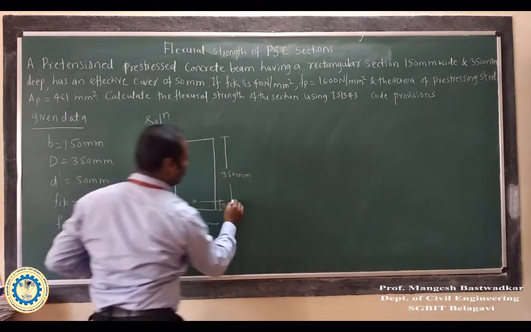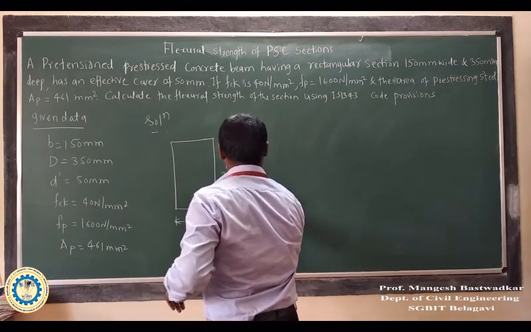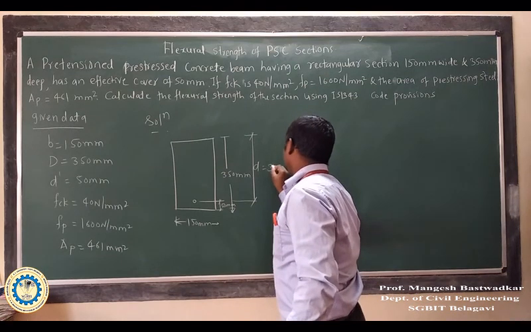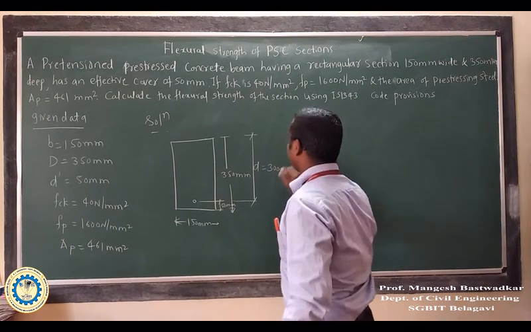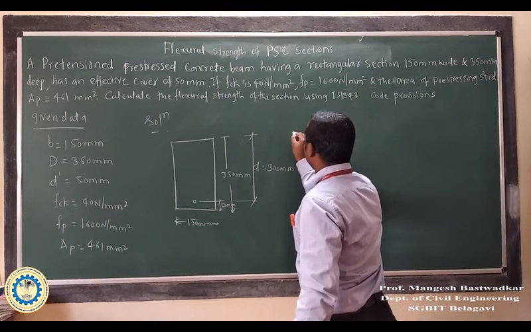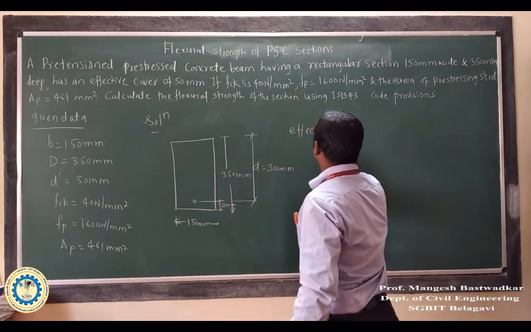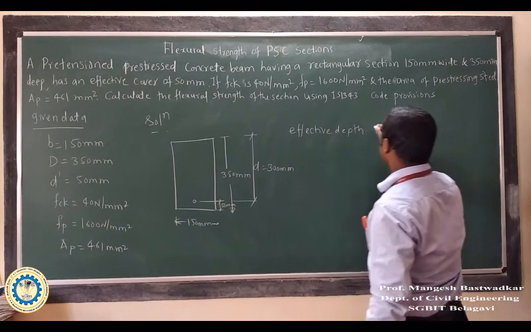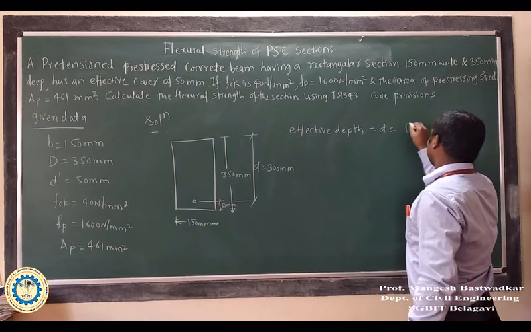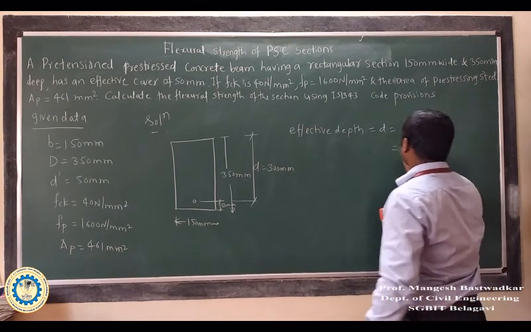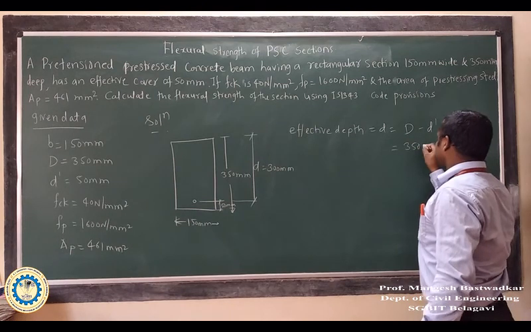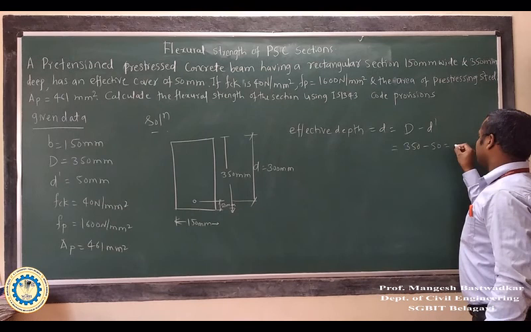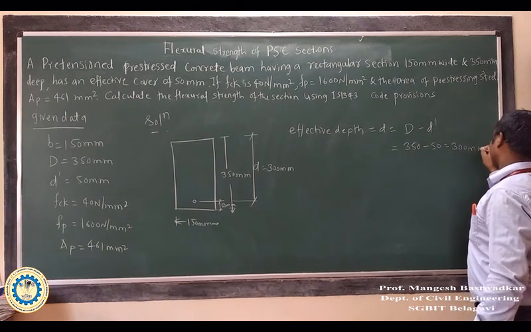Therefore, this is the effective depth, 300 mm. Effective depth is equal to overall depth minus effective cover, so 350 mm minus 50 mm is 300 mm.